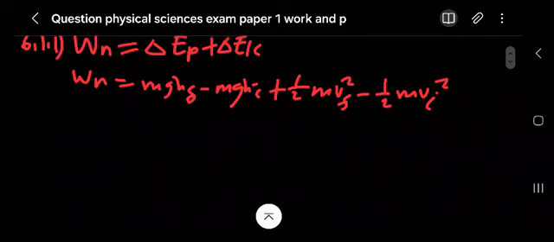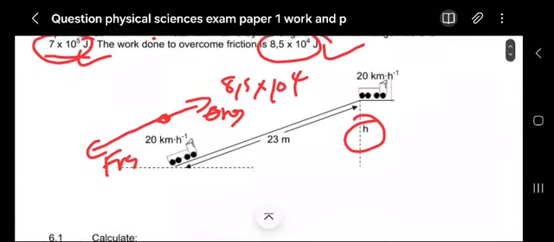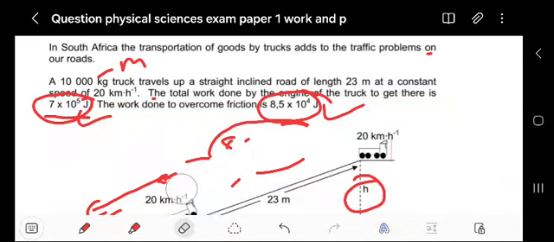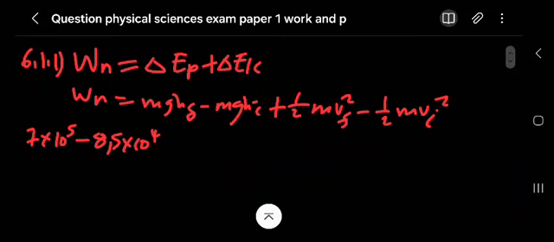So this is what we have there. Then our non-conservative work will be 7 times 10 to the power of 5 minus the one of the friction, which is 8.5 times 10 to the power of 4. Remember guys, we have these values there: the engine one and the one of the friction. It's work, right?